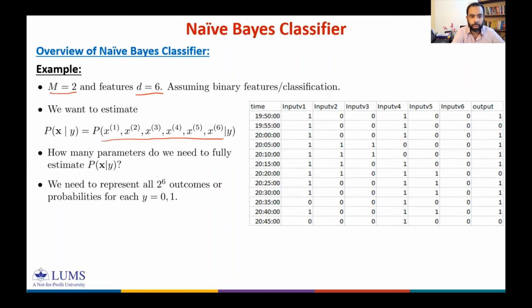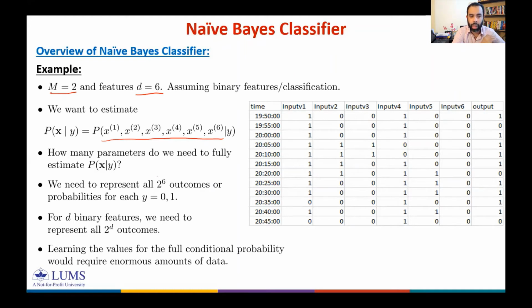So we need to represent these many outcomes or probabilities for each y. And if I generalize this for d binary features, we need to represent all 2 raised to the power d outcomes. Learning the values for the full conditional probability would require enormous amounts of data because we want to compute these many probabilities, 2 raised to the power d.